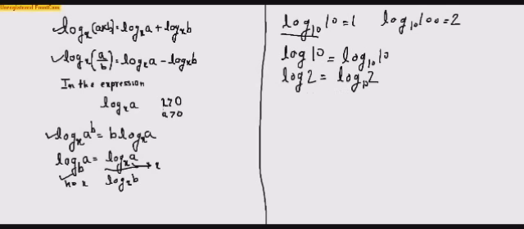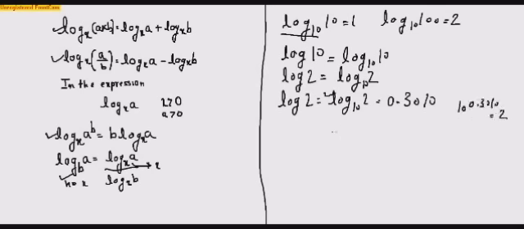Another thing which you need to know is that log 2 and log 3 have very proper values. That is, log 2 is equal to log base 10 2 is equal to 0.3010. Now this is a very popular logarithm. Log base 10 2 equal to 0.3010. That is, 10 if raised to the power of 0.3010 will give me 2.